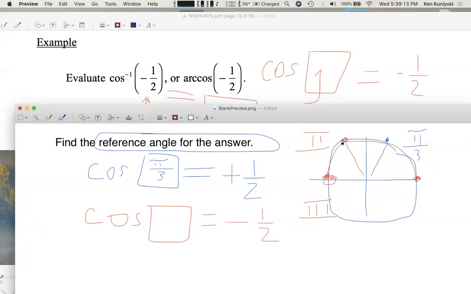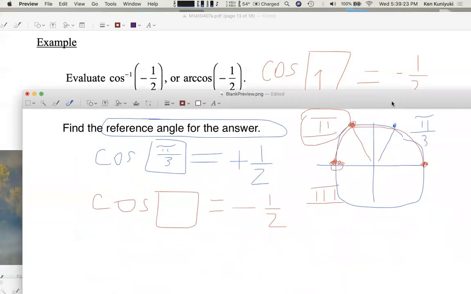We need a brother for this point over here. The answer has to be a quadrant 2 angle, because quadrant 3 angles are not in the range for arc cosine. So who's the key famous brother we want in quadrant 2 that's in the range between 0 and pi? Only one. 2 pi over 3. That's got to be the answer.